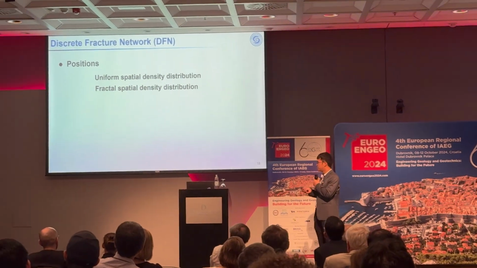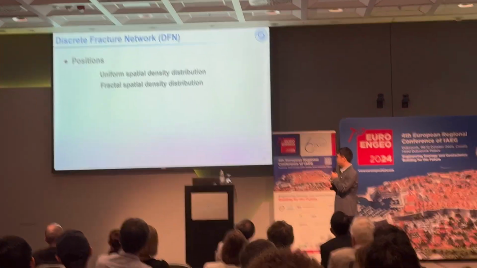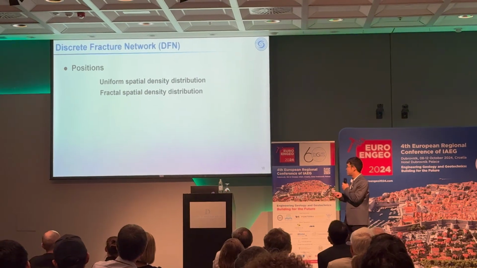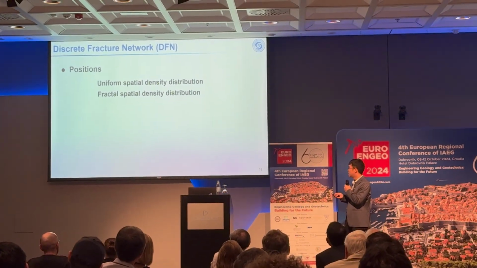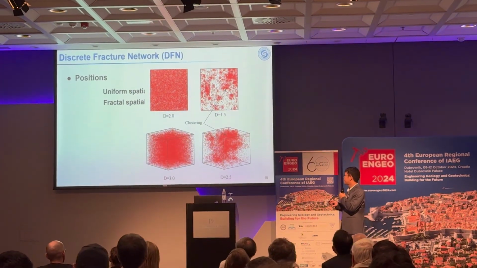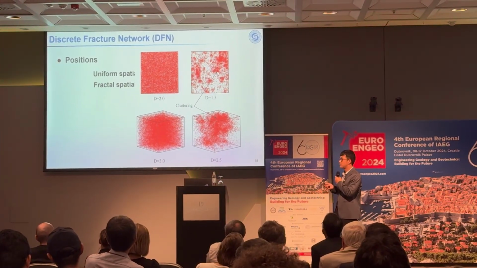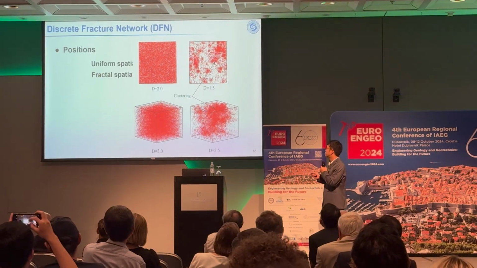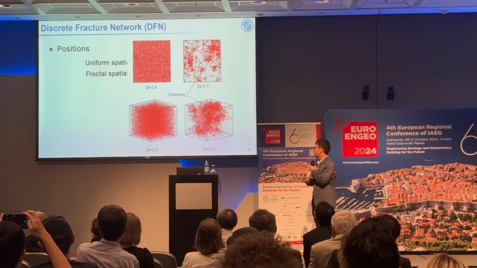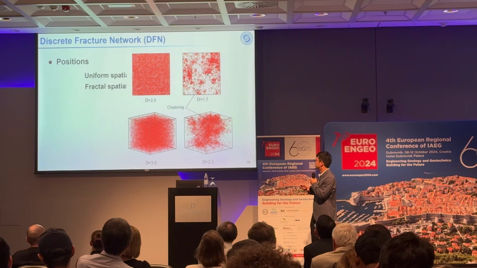And for the position, people use a uniform spatial density distribution, or more generally, a fractal spatial density distribution. This is characterized by the so-called fractal dimension. In 2D scenarios, if the fractal dimension is 2, then the distribution becomes uniform.